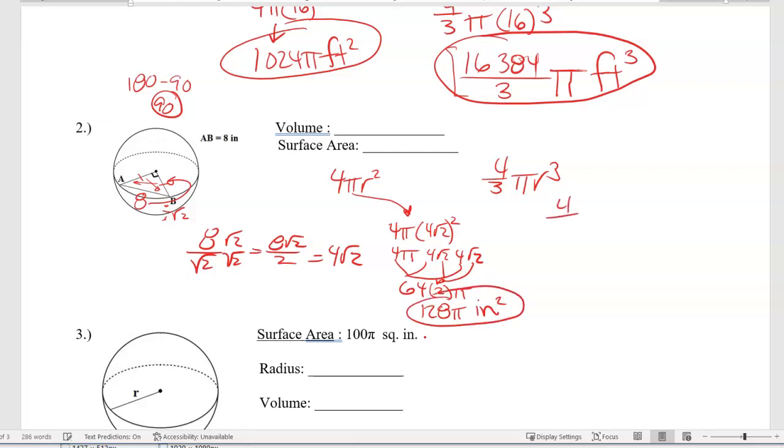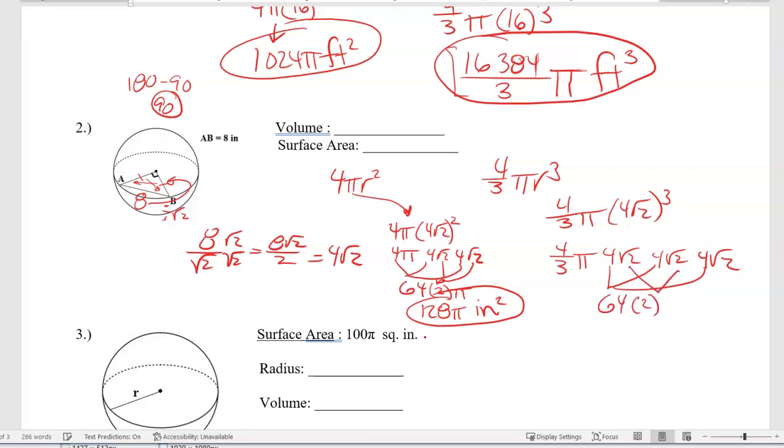Now volume, on the other hand, is 4/3 pi 4 rad 2 cubed. That gives me 4/3 pi times 4 rad 2, 4 rad 2, 4 rad 2. At that point, we're going to do 4 times 4 times 4, which is 64. Rad 2 times rad 2 is 2.